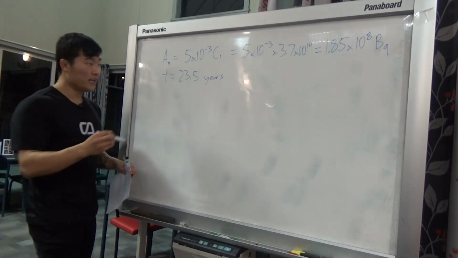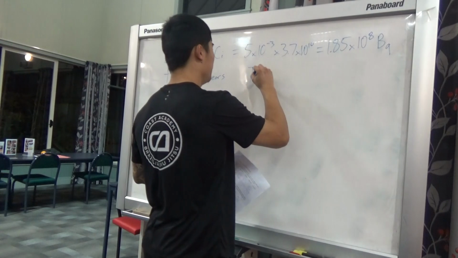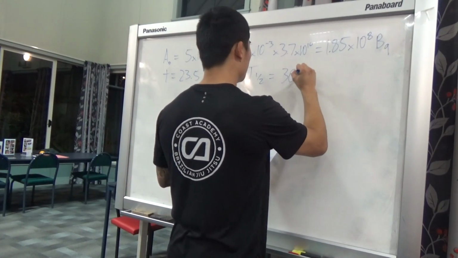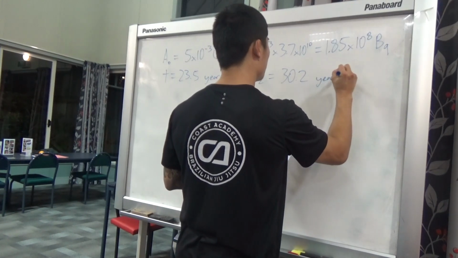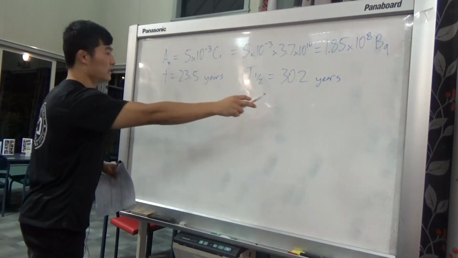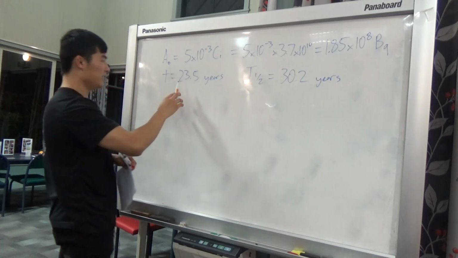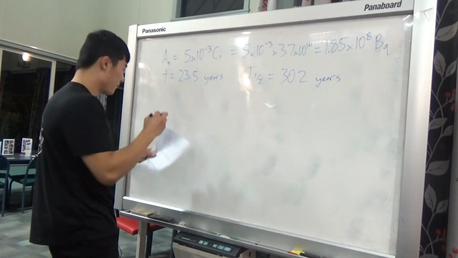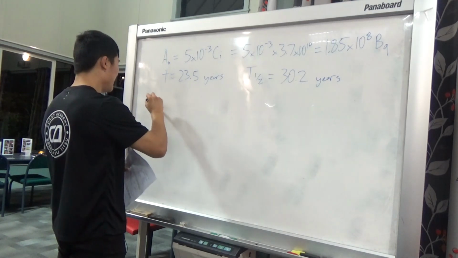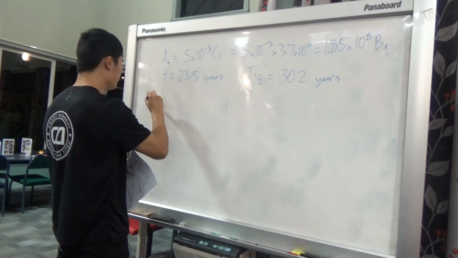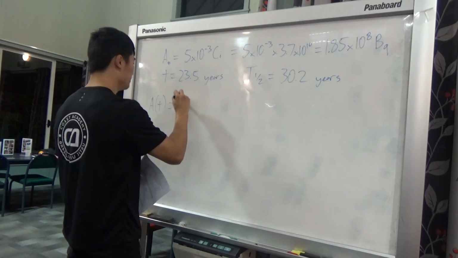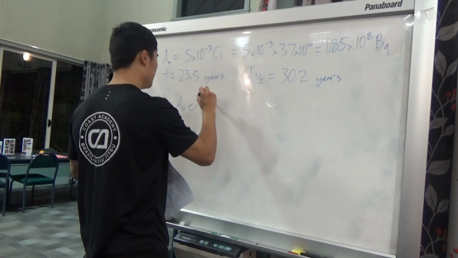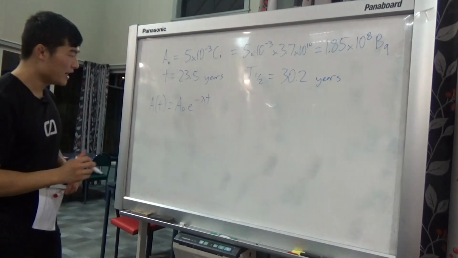And you have your half-life. T half is equal to 30.2 years. And because we have half-life and the time in years, we can just keep that consistent. So the equation is going to be A, the activity at time t, is equal to the original activity multiplied by e to the power of negative decay constant multiplied by time.